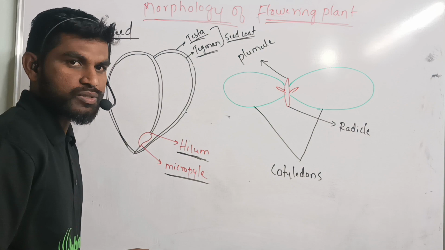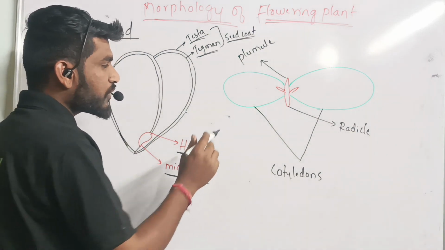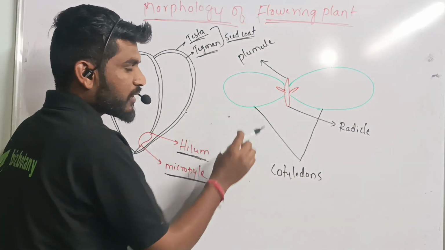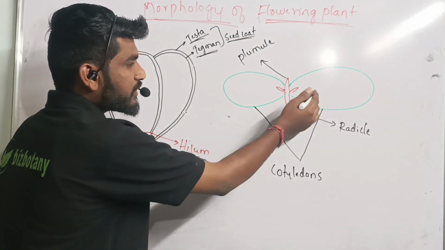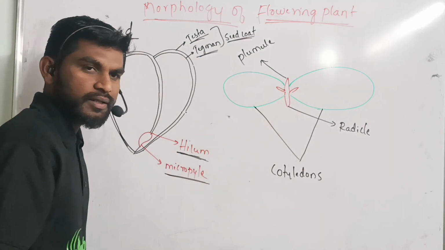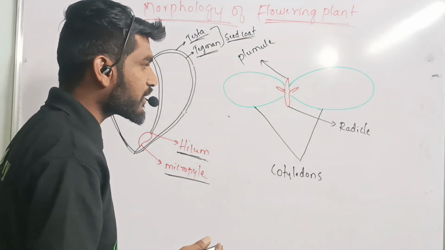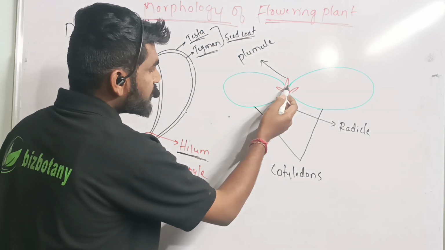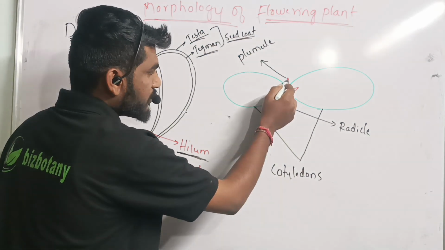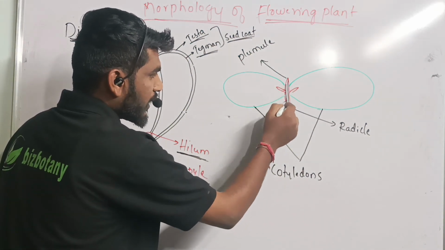They are usually involved in storing food material. The stored food material in these two cotyledons will be helpful for germination of the seeds.